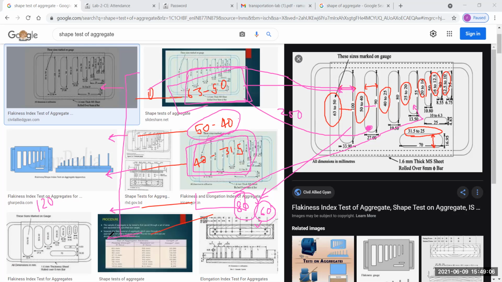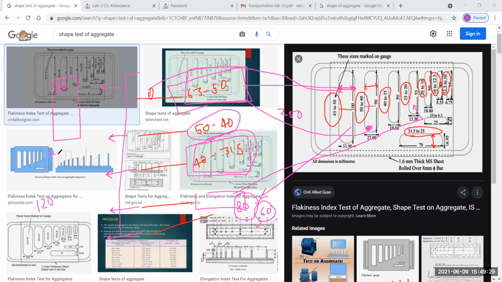You count the number of pieces passing through the slots, then again you segregate the aggregate which is passing. Suppose the number of aggregate passing is 80, 60, 20, 25, 45, and so on. You weigh that aggregate.